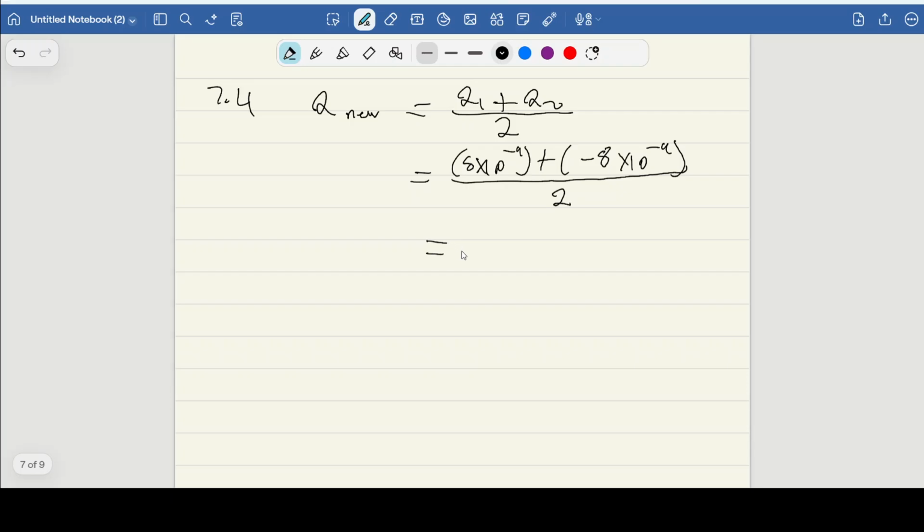After doing this, 5 minus 8 is going to be minus 3 times 10 minus 9 divided by 2. Now this looks like it's going to be minus 1.5 times 10 exponent minus 9, or minus 1.5 nanocoulombs. So you choose which one you want to write. That will be the Q new.